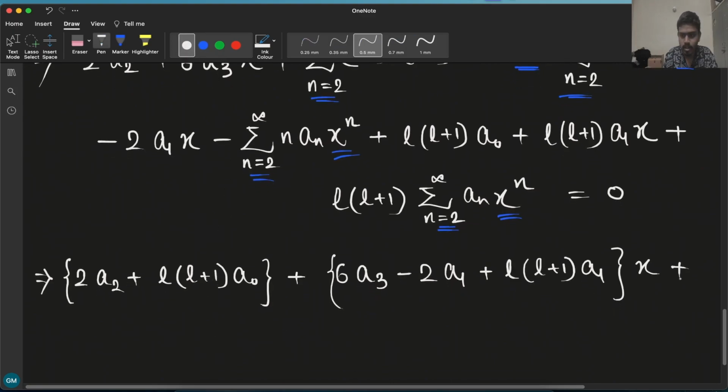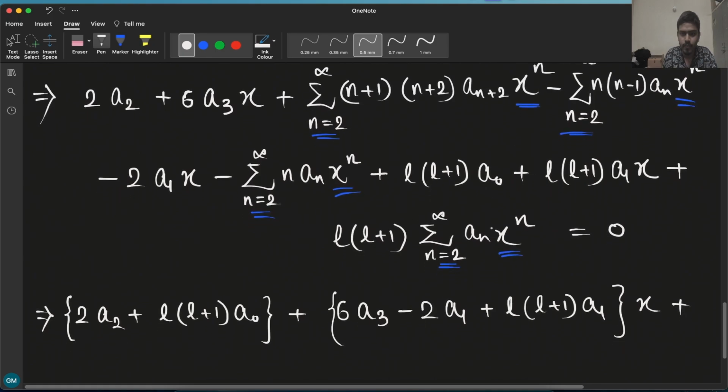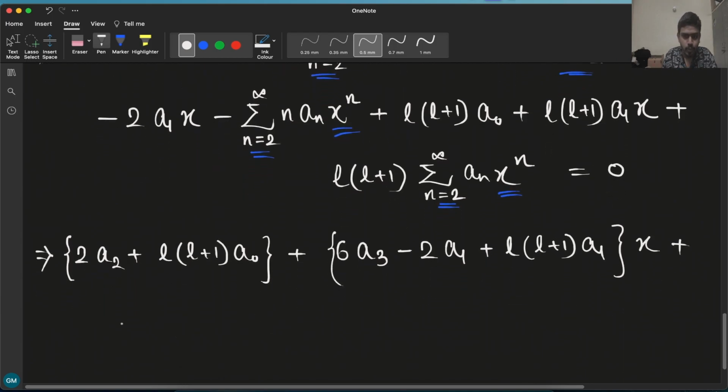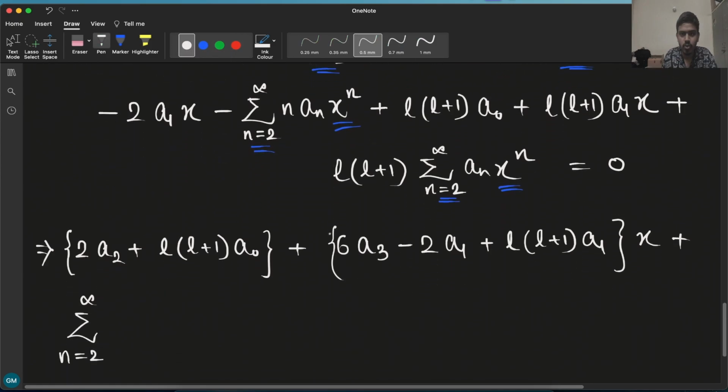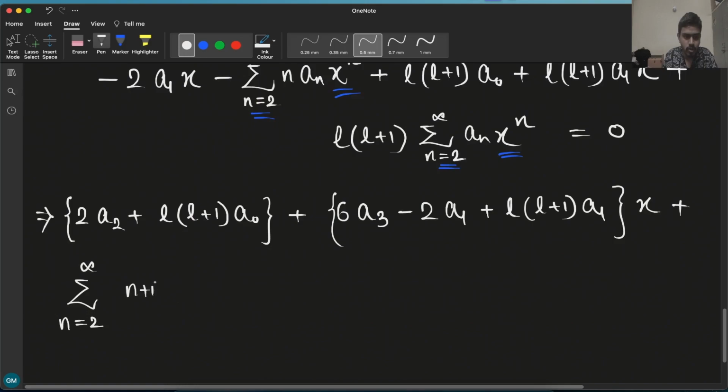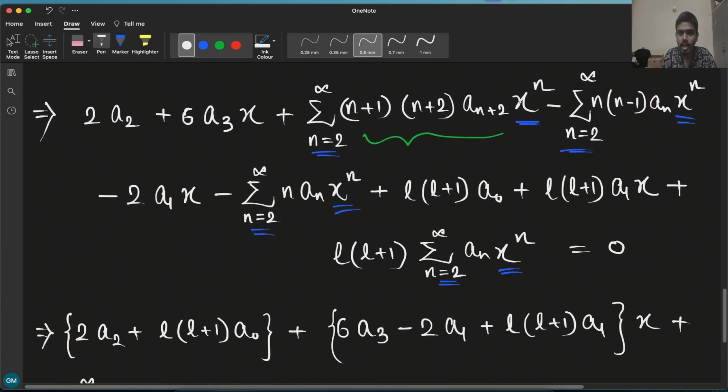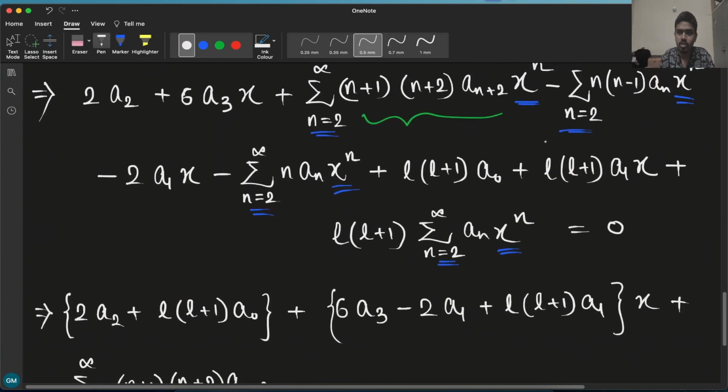Let me write a plus sign here, and write down this term, which is the sum over n equals 2 to infinity, n plus 1, n plus 2, a n plus 2. The x to the power n is common in all these terms.